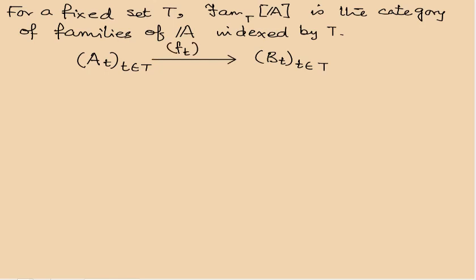So we just take the family. Okay, so the rest is alright. Fam is the category of families of sets, and similarly Fam_T.